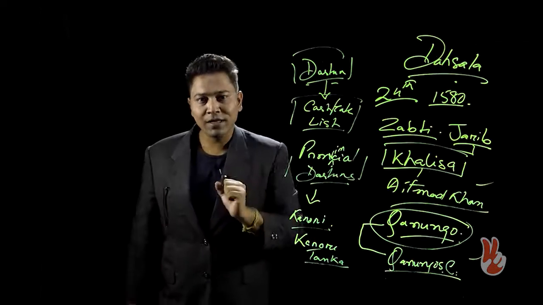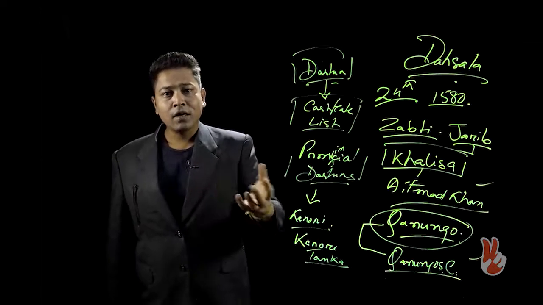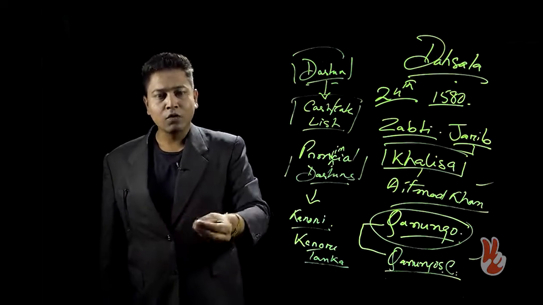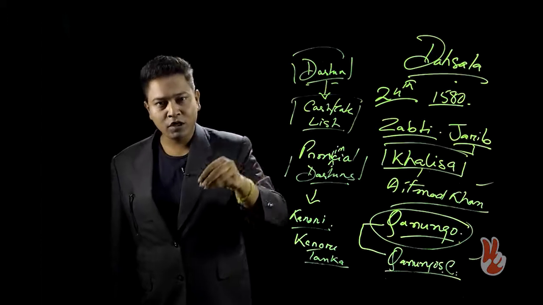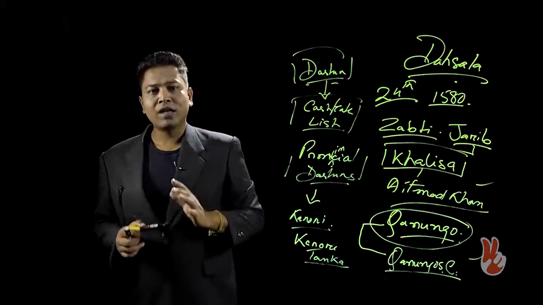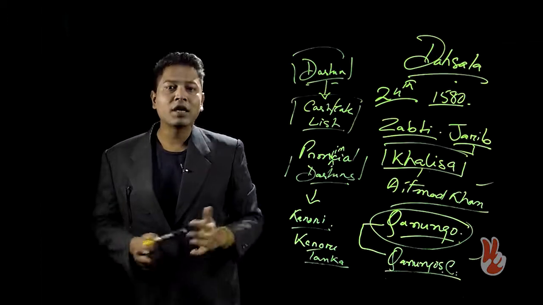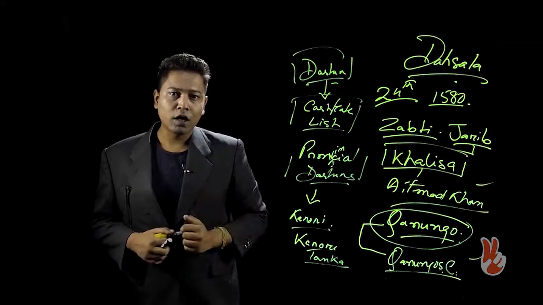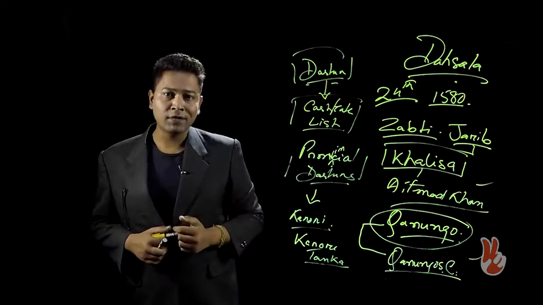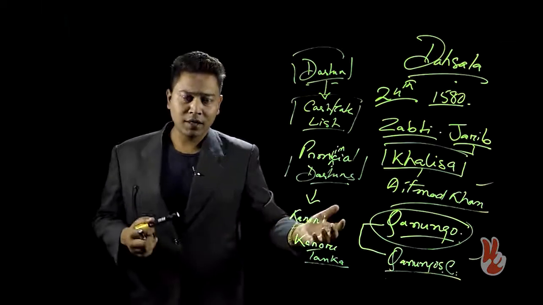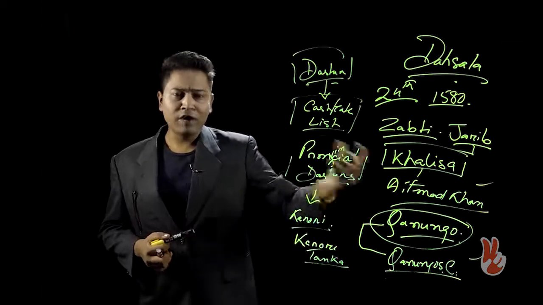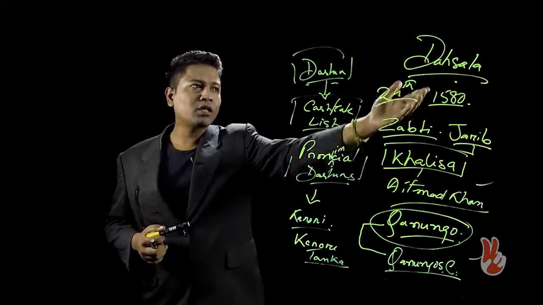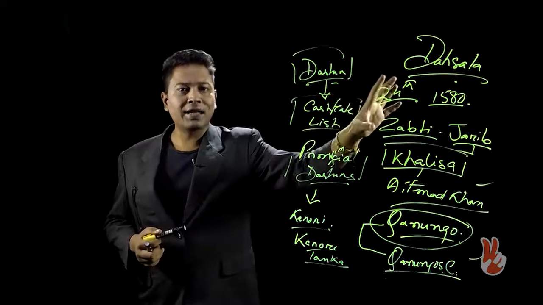Now, what this facilitates is that it can predict the amount of revenue that the imperial treasury would gain, the amount of revenue that a provincial treasury would gain, and so it helps in planning campaigns, it helps in paying salaries to the mansabdars, it helps in various welfare projects also. So, this was a very important step which was taken, the Dahsala system.